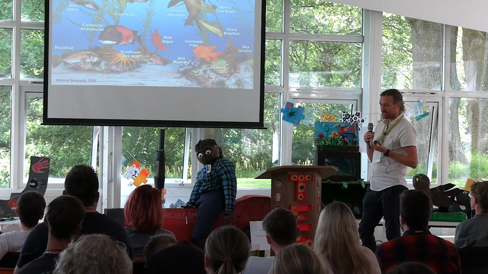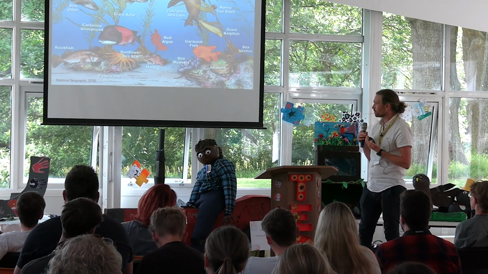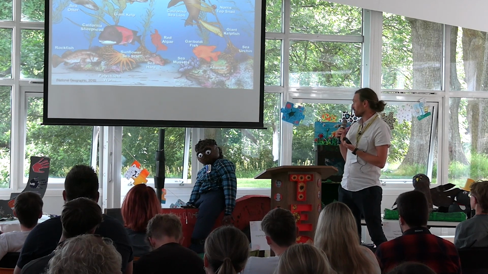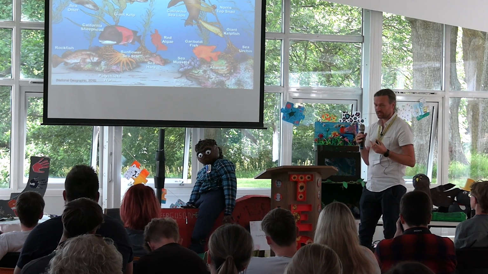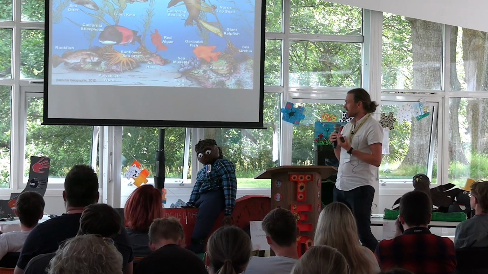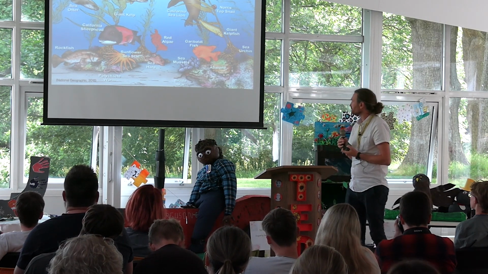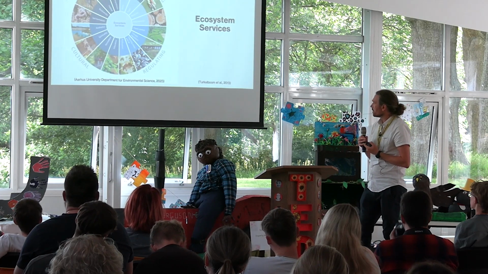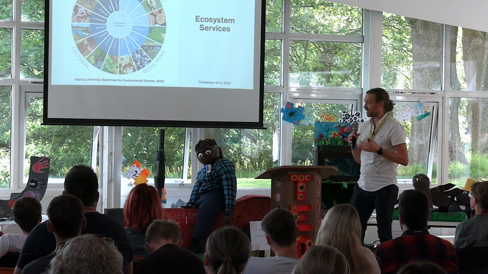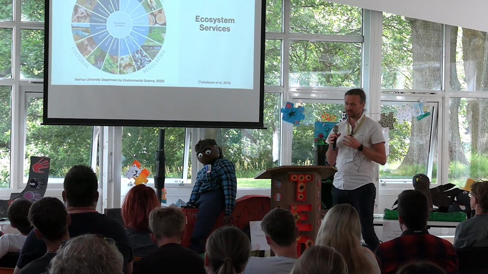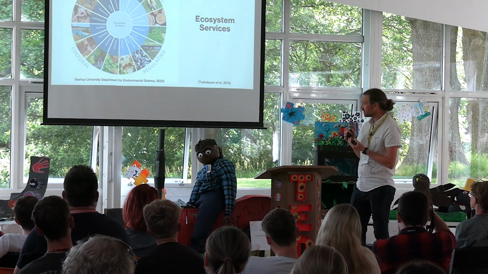Within the Californian kelp ecosystem, this supports a great variety of species, even as small as plankton, right up to larger sea mammals such as otters, killer whales and seals. But we don't just value biodiversity by what's included within that ecosystem. We also look at things such as ecosystem services.